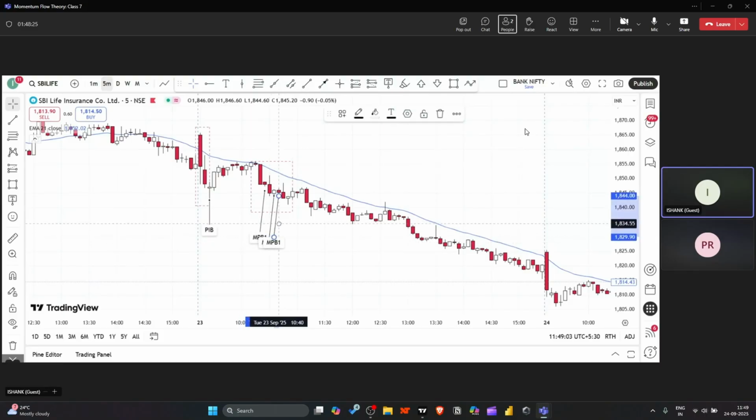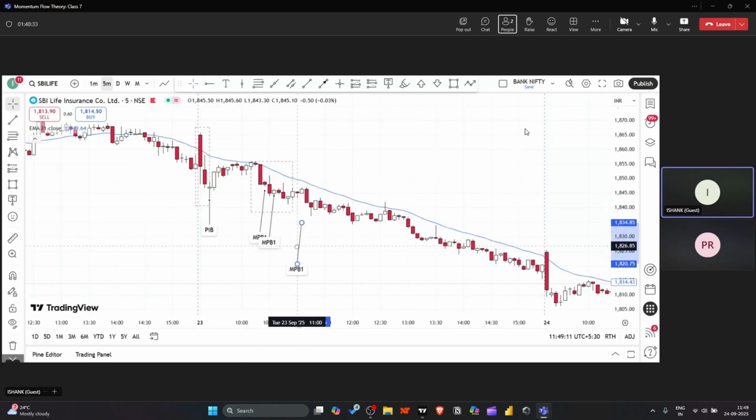That is not MPB 3 again. Once it goes beyond the low only, we will call it MPB complete. MPB 1 and MPB 2. That is not MPB 3 because that is still in MPB 2.